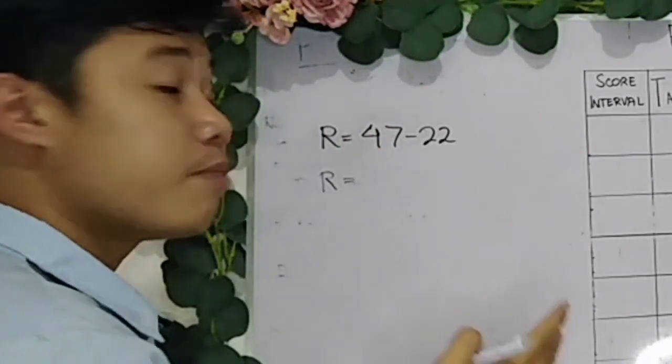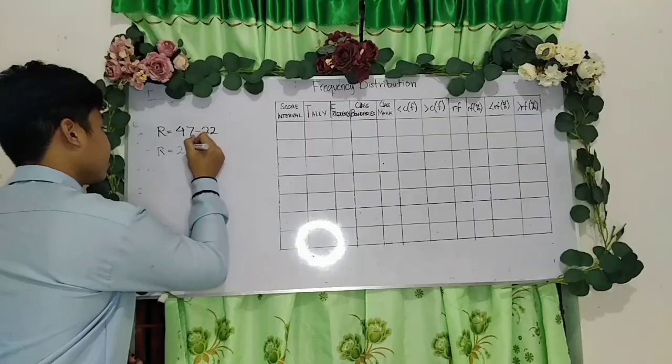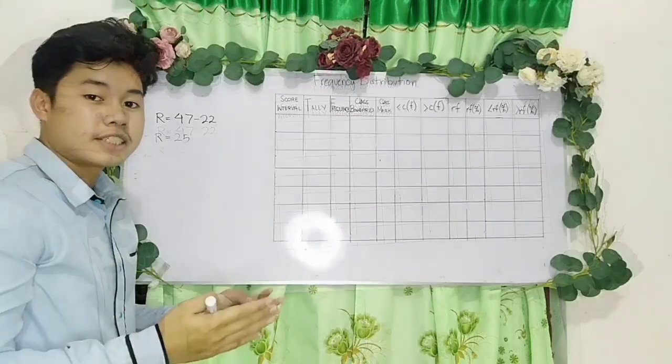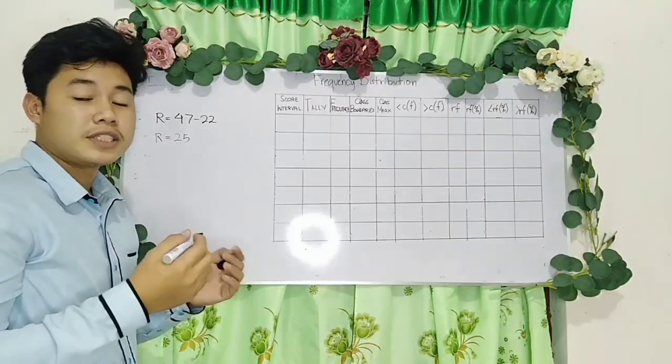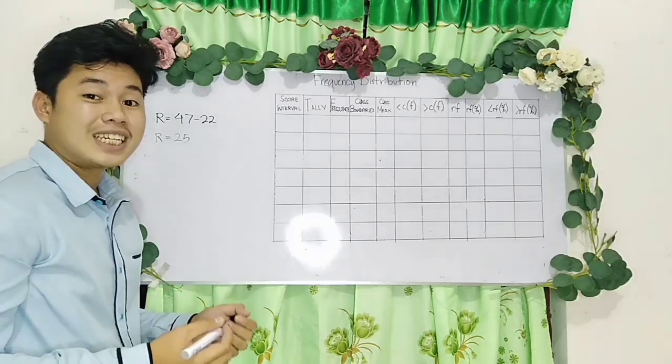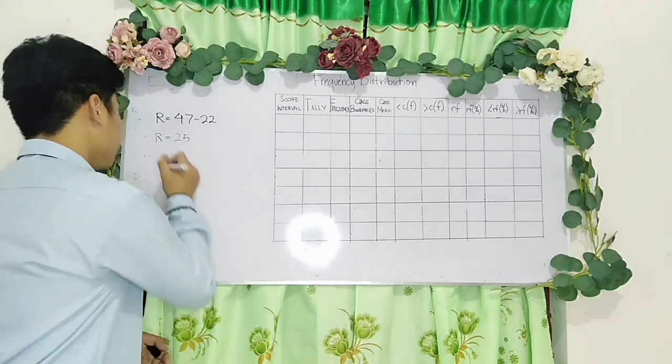So 47 minus 22 is equal to 25. Our next step will be determining our class interval. Since our perfect score is 50, our class interval will be 7.